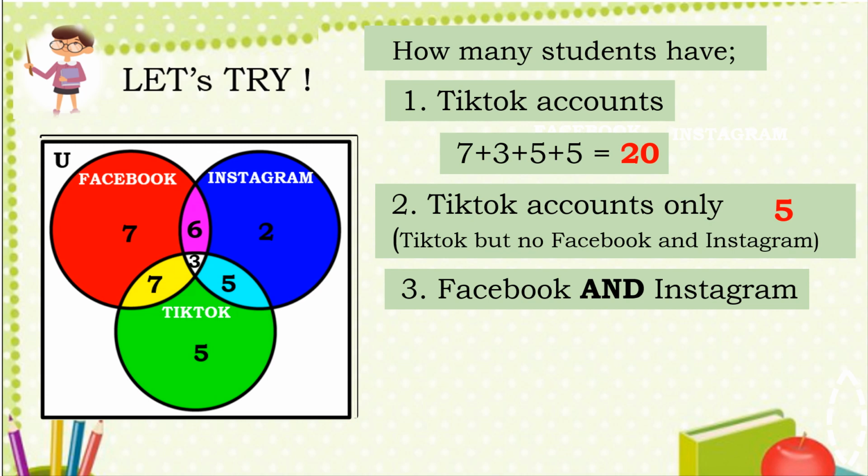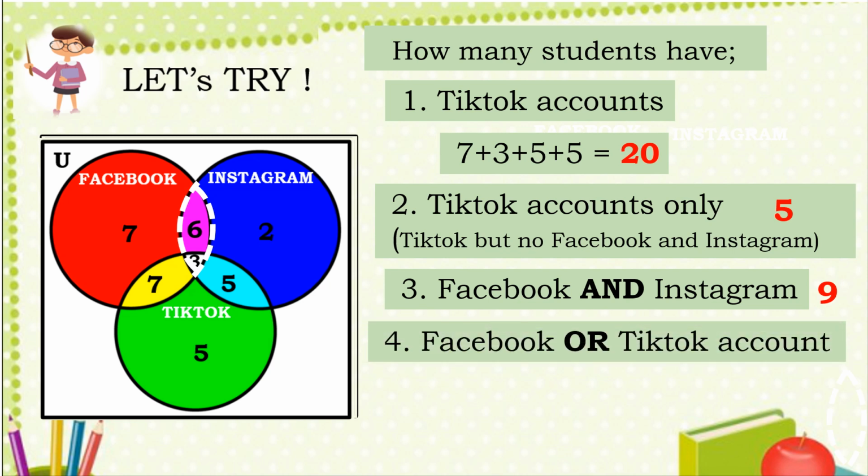Next, Facebook and Instagram. Take note of the word "and". So, "and" is for intersection. And we are referring to this part. So, add this cardinal number. 6 plus 3 equals 9. So, the answer is 9.